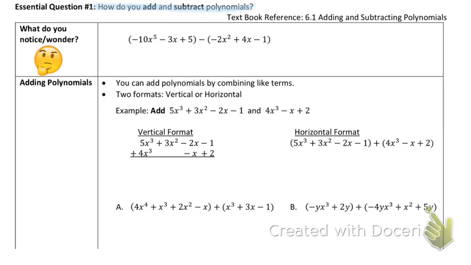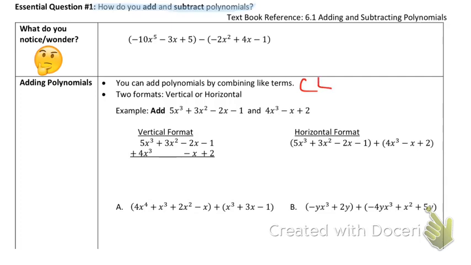All right, as we get started, the main thing that we want to be comfortable with when we're adding and subtracting polynomials, you can find here. The main skill that you need to add polynomials is combining like terms, which I call CLT.